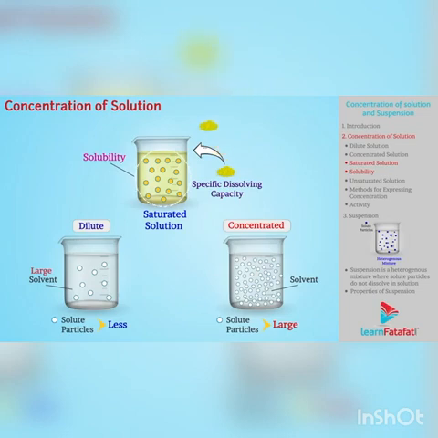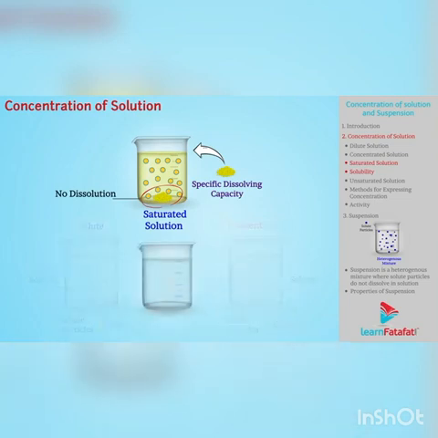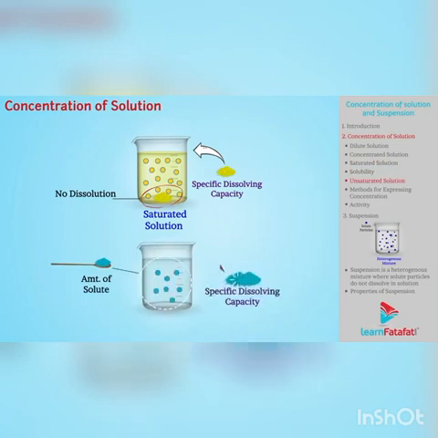After the solution is saturated, dissolution stops and solute accumulates at the bottom. If the amount of solute present in solution is less than the dissolving capacity of solution, then it is known as an unsaturated solution.